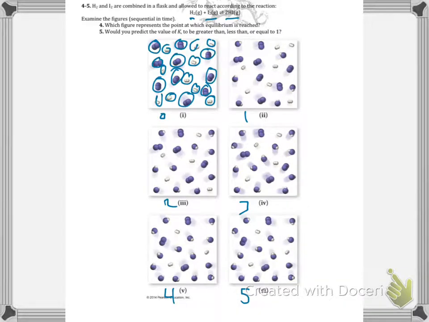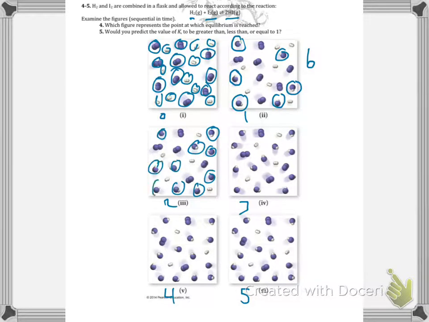Now when we go to time 1, notice how we now have these here. And in this particular picture, there's 6 of them. Now if you go to the next picture, we now have 10 of them.